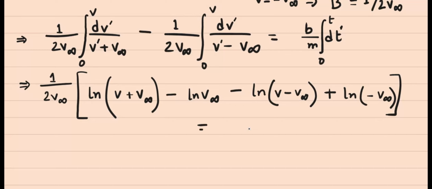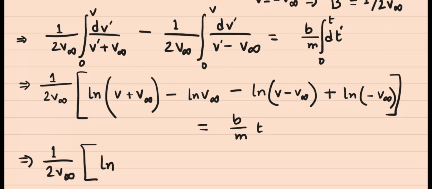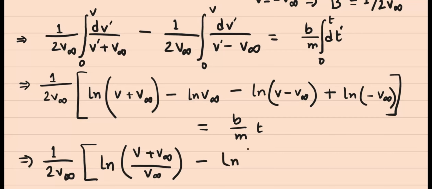So on the right hand side we have v divided by m times t. If we rearrange or try to simplify this, we have 1 over 2v infinity, but inside we have v plus v infinity divided by v infinity, and then minus log of v infinity.